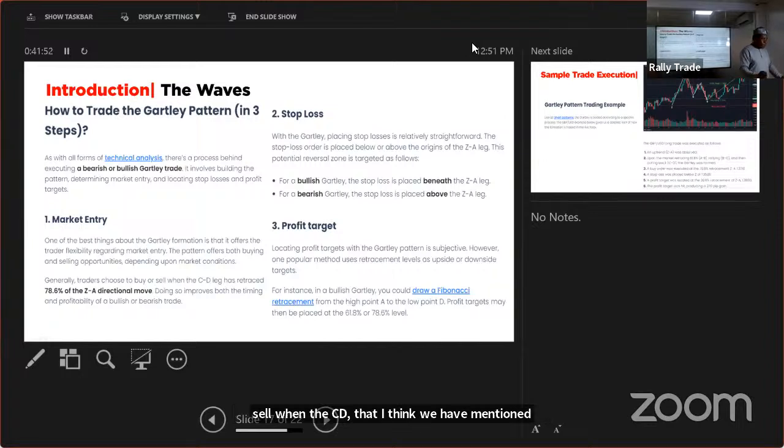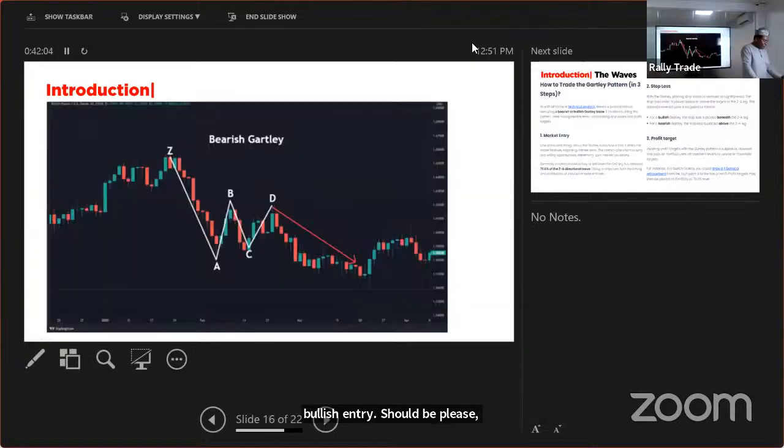Stop loss. Very, very important. Your stop loss for a bullish entry should be placed beneath the Z leg. Okay? Look at that Z leg very well. If it is for sale, like this is a sell entry now, your stop loss should be above the Z point.